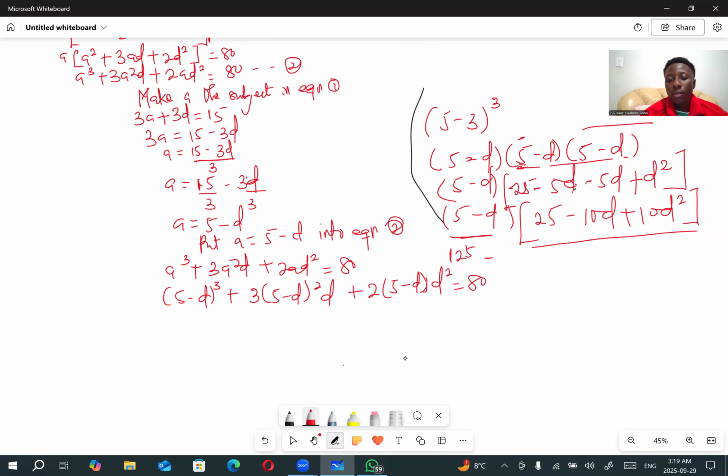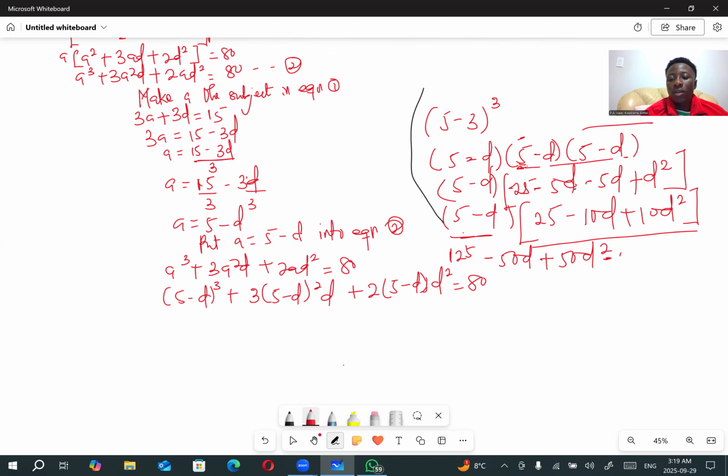Minus 5 times 10D, that's minus 50D, right? Plus 5 times 10D squared, that's 50D squared.